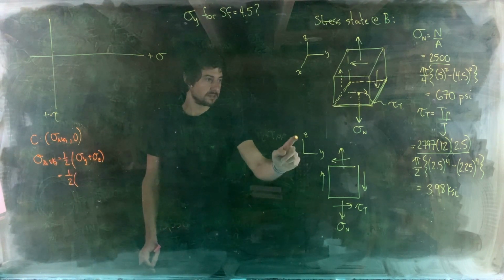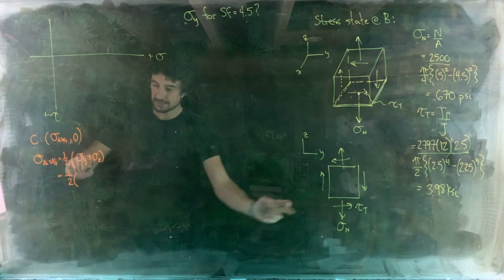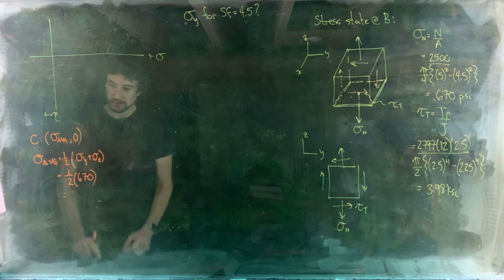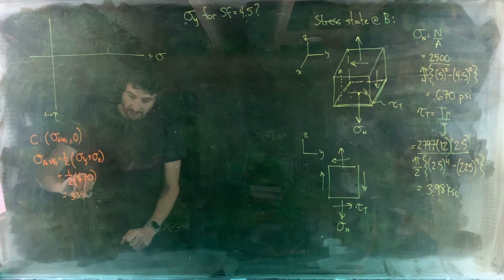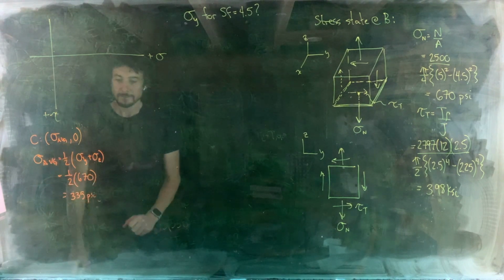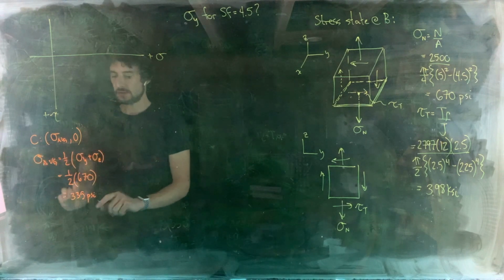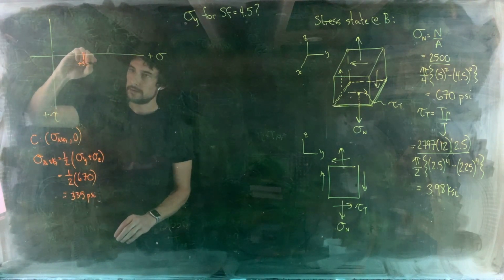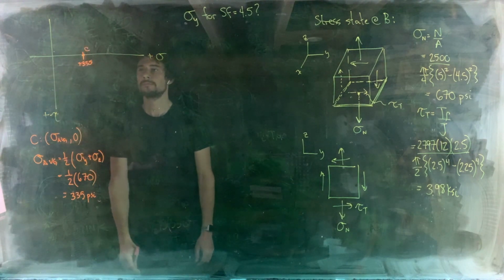So sigma n is sigma z here. So 1/2 of 670, that's a tensile stress, so it's positive, right? So that is 335 psi. Okay, so let's put the center of the circle at positive 335 right there. There's the center of the circle.